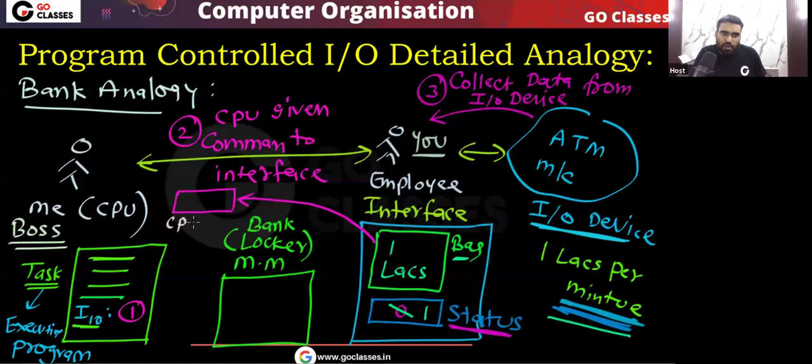So first this 1 lakh rupees will go to the CPU register, and then from that CPU register, it will go to the main memory. Who will do this? The CPU will do. So the CPU will take this 1 lakh rupees, store it in the CPU register, and then this money will go to the main memory.